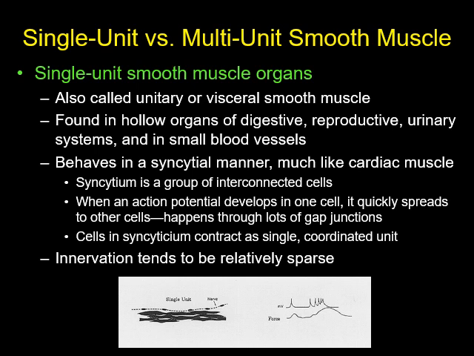So gap junctions, the literal physical connections between adjacent muscle cells, are much more abundant. And as a result, the cells contract as a single coordinated unit. So because of this, innervation tends to be relatively sparse, not needing all that independent nervous innervation.